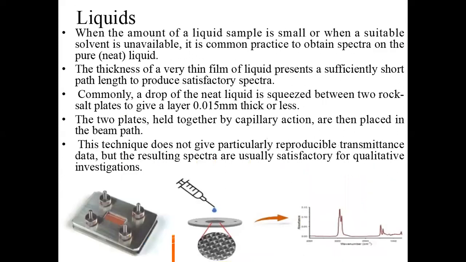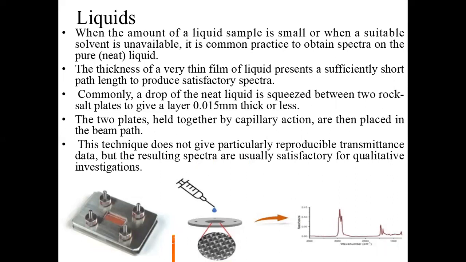Liquids. When the amount of a liquid sample is small or when a suitable solvent is unavailable, it is common practice to obtain spectra on the pure liquid. The thickness of a very thin film of liquid presents a sufficiently short path length to produce satisfactory spectra.